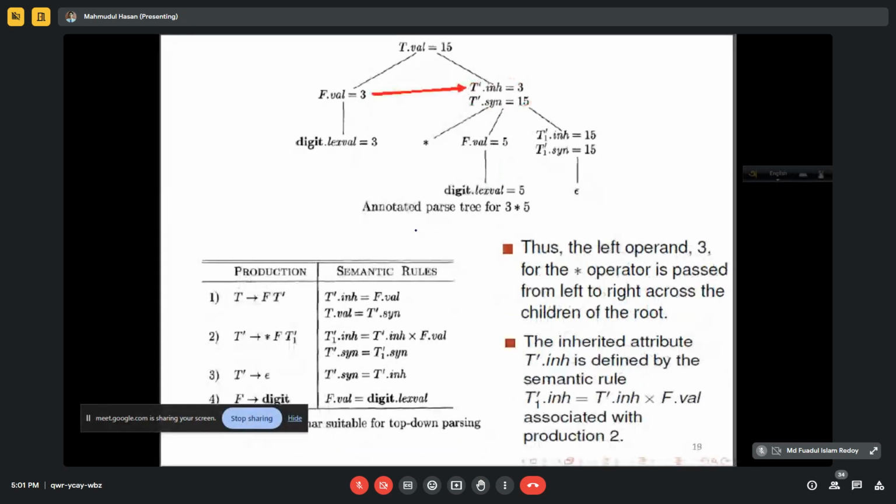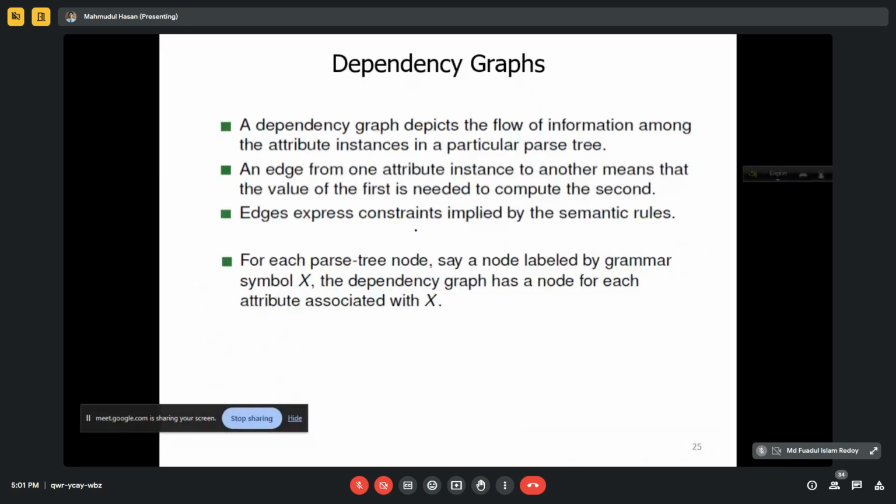Okay, so now our goal is to learn about dependency graphs. Dependency graphs represent the flow of information among the attributes in a parse tree. That means how the values pass from one attribute to another attribute.